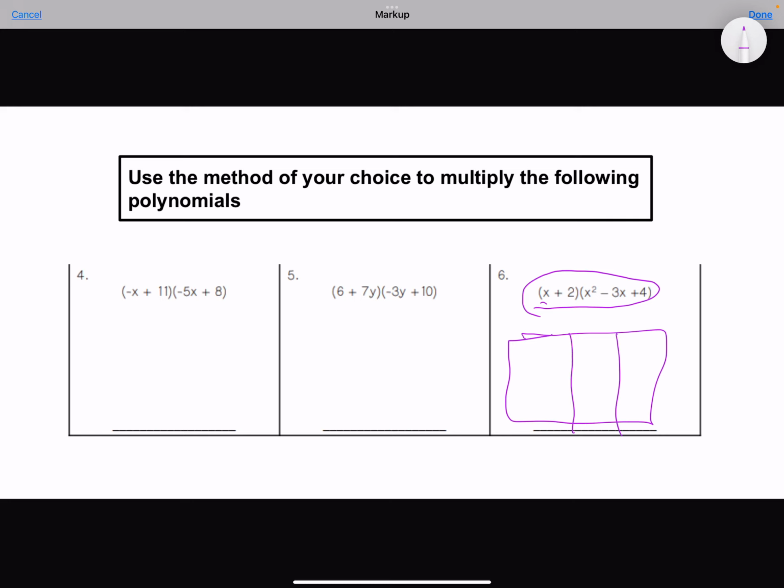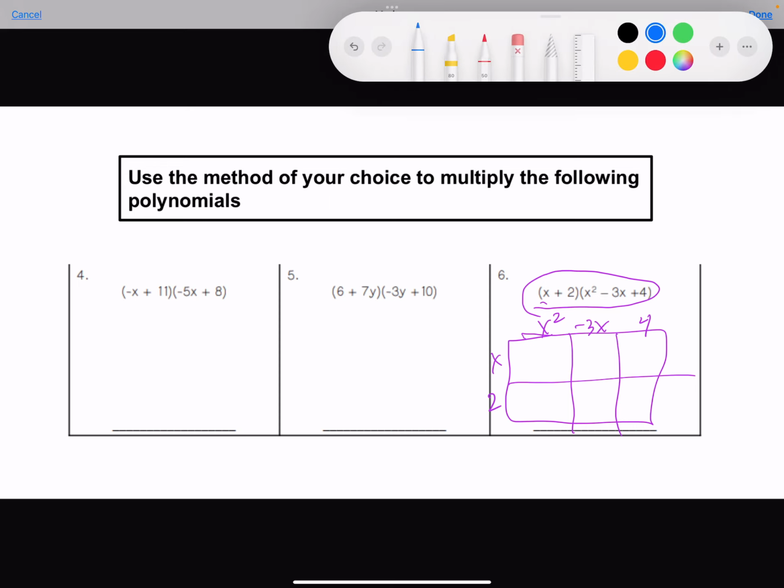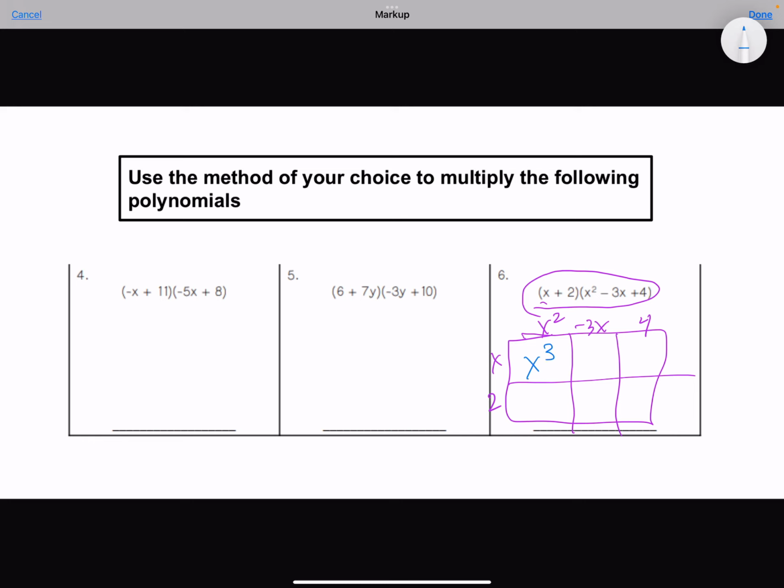3 columns because I have a trinomial. Two rows, and then you're just multiplying. You're finding the area of each little rectangle, and then you're adding everything together. So x times x, x cubed, negative 3x squared, 4x, back down here, 2x squared, negative 6x, and 8.